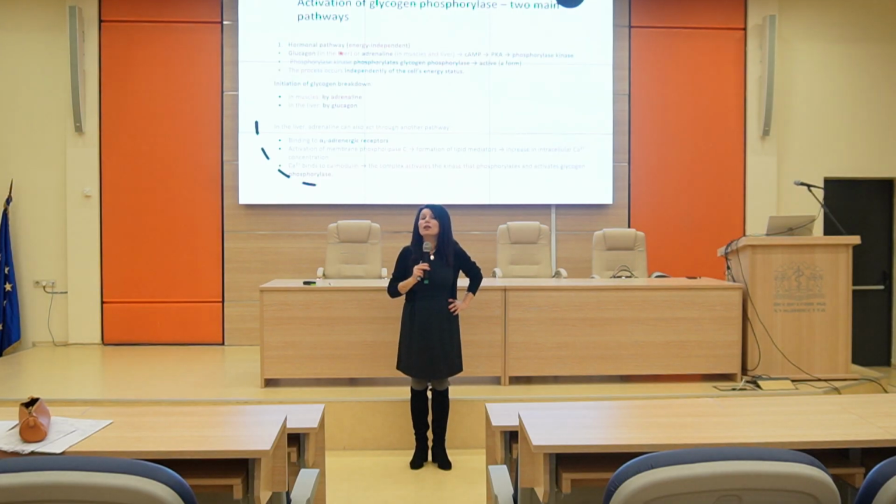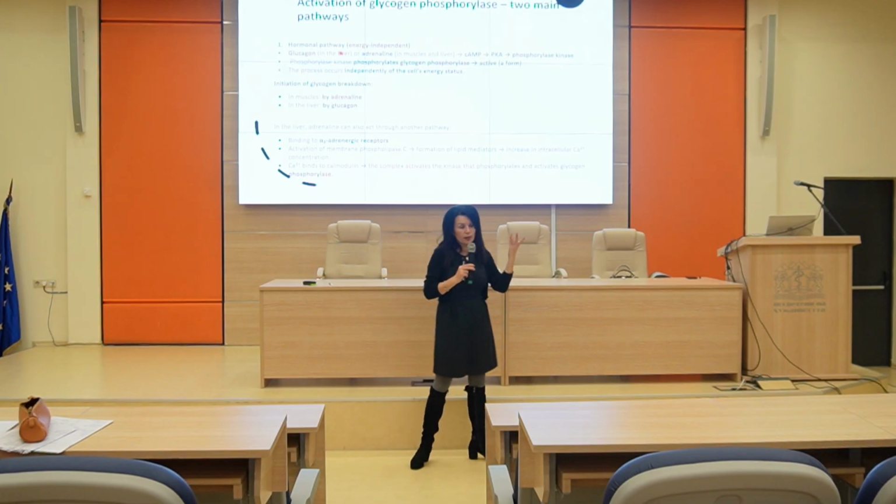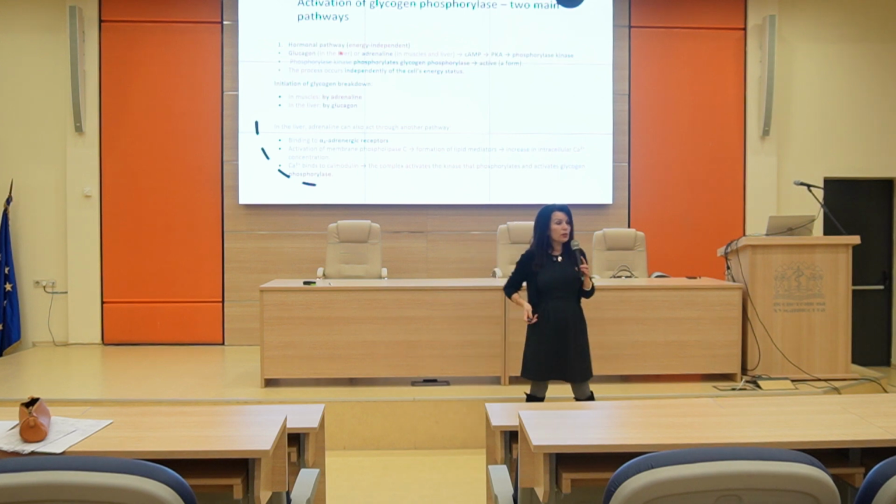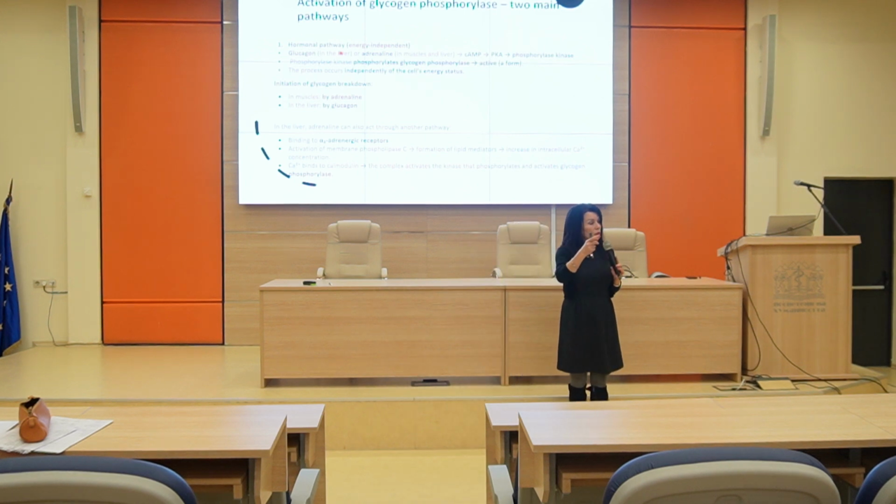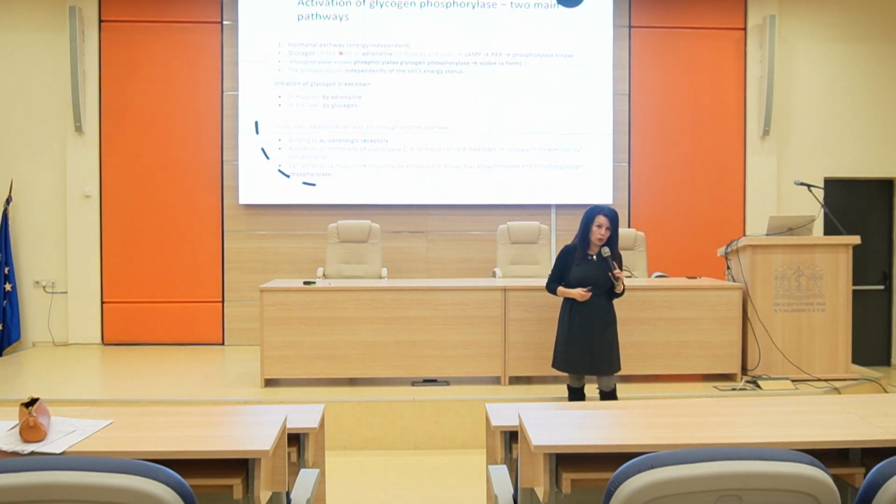Because of the presence of glucose 6-phosphatase. That's why liver glycogenolysis is used to maintain the glucose in the blood only, but not for the muscle tissue, as we said in the beginning of the lecture. In muscle tissue, the final product of glycogenolysis is glucose 6-phosphate, but not free glucose.